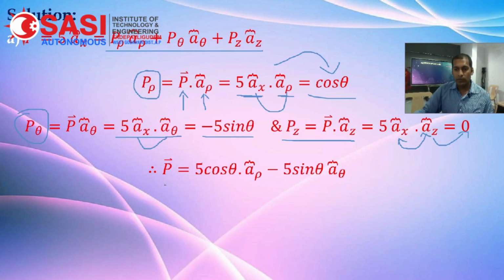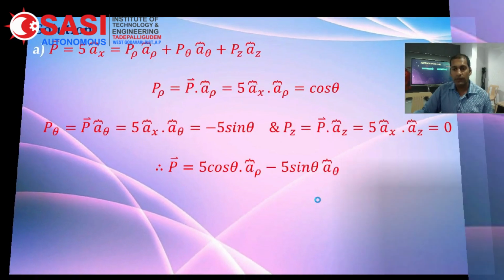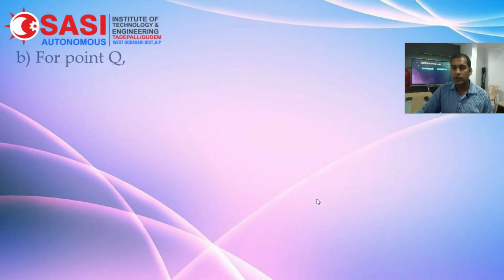So what will be the point P? It is a combination of ρ cos θ in the direction a_r, minus ρ sin θ, a_θ. So that is the conversion solution.